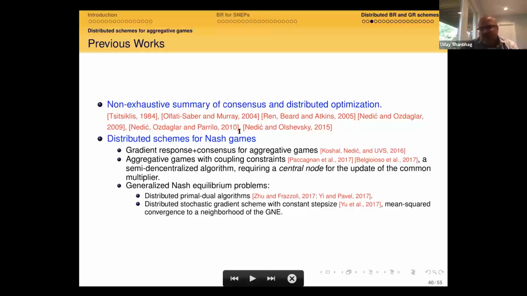In the context of distributed schemes for Nash equilibrium problems, Lacra provided some excellent references in the morning. We've done some work in 2016 when we first started looking at these problems, and there's work by Lacra and her collaborators, and Sergio Grammatico and his collaborators, looking particularly at generalized Nash equilibrium problems. Our focus today is to look at the case that is afflicted by uncertainty.